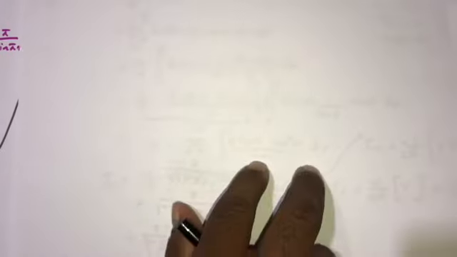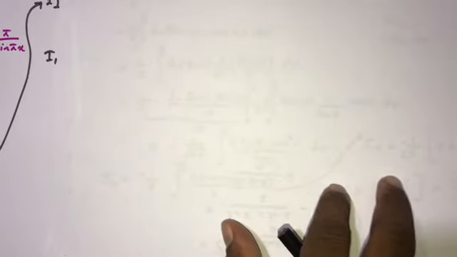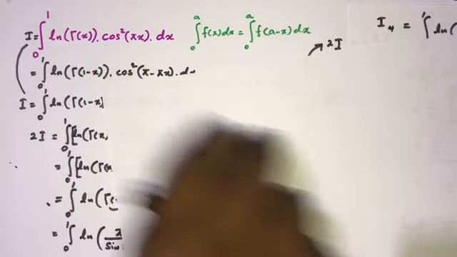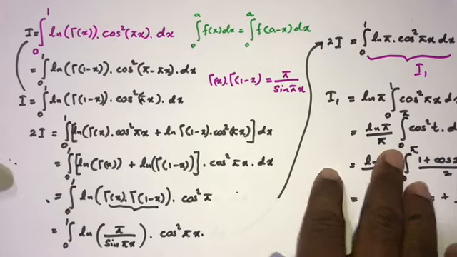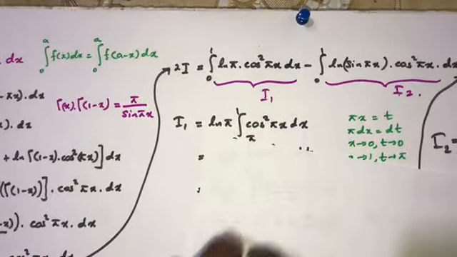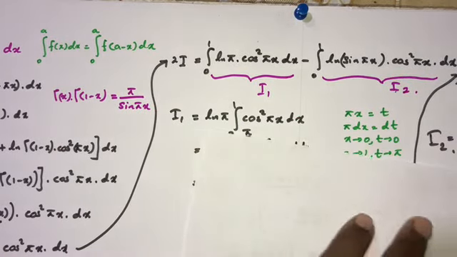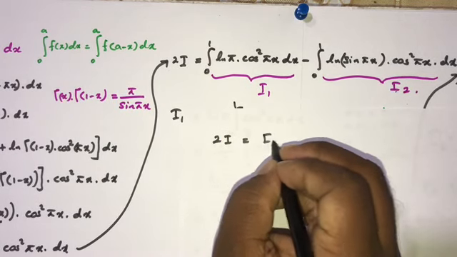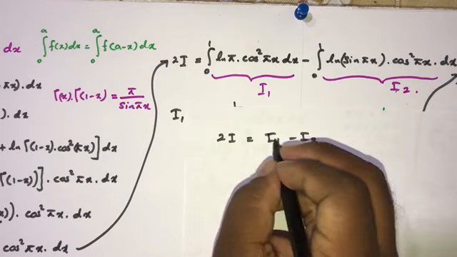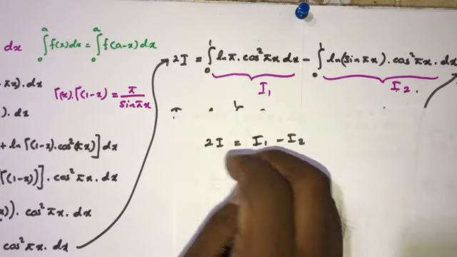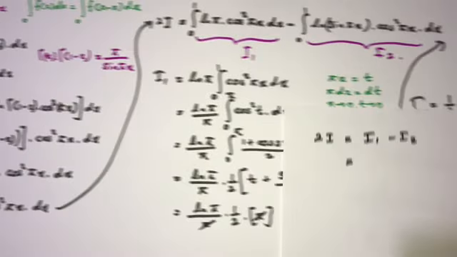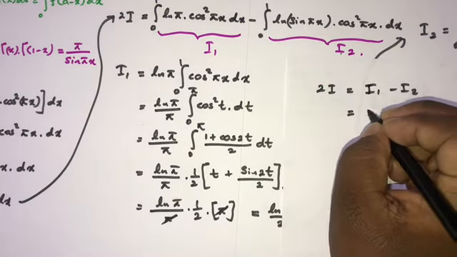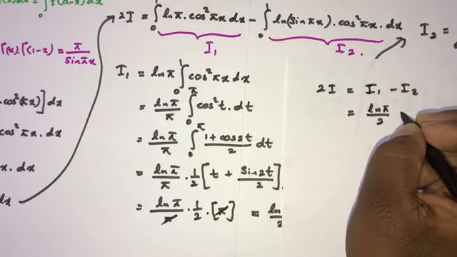Okay, now we evaluated I1, I2, I3 and I4. So our integral, our question I, we know 2 times I is equal to I1 minus I2, and we evaluated I1, so I1 is equal to natural log of 5 over 2 minus I2.